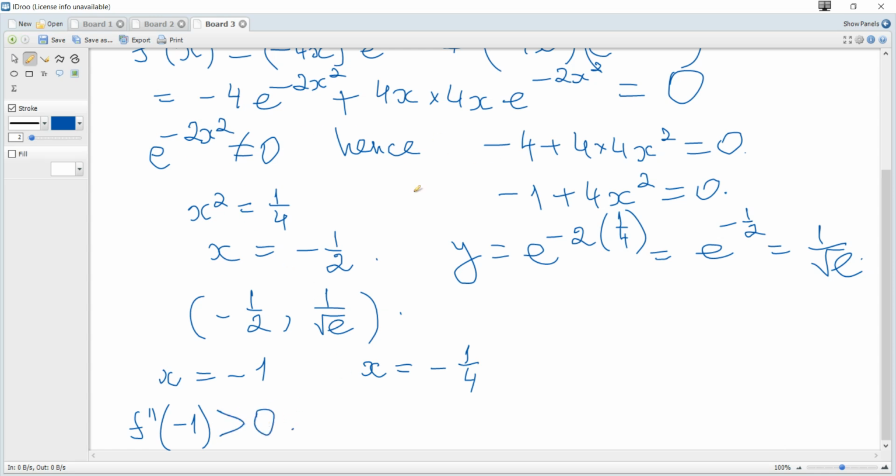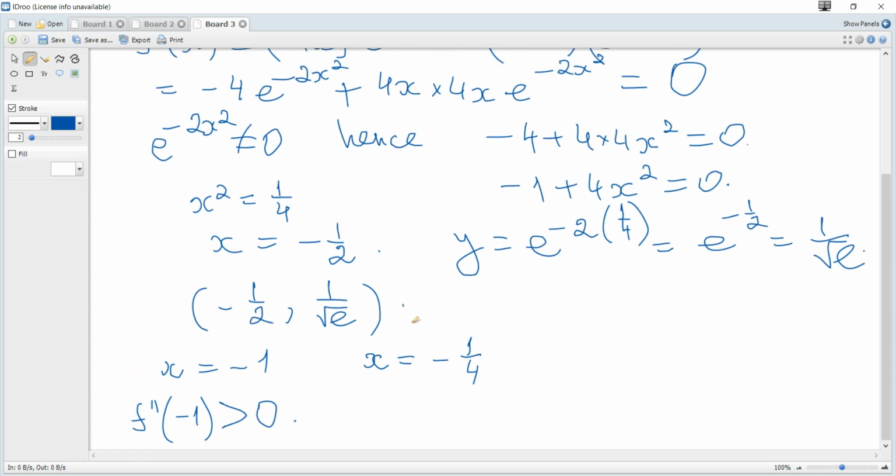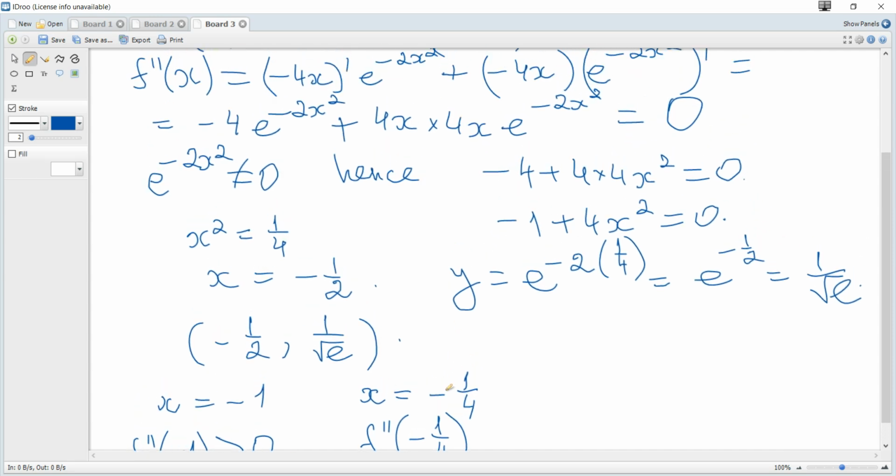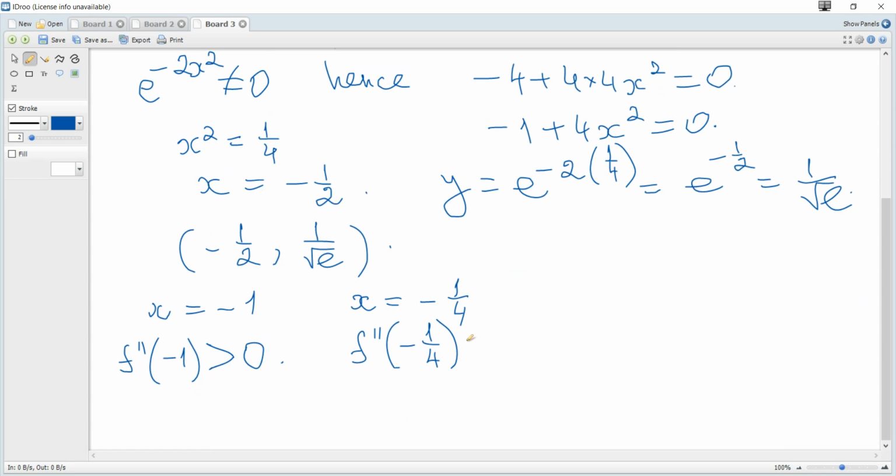You can rewrite this expression substituting negative 1 for x. The second derivative at negative 1 over 4 will have x squared as 1 over 16, so negative 4 plus 1, which is negative.